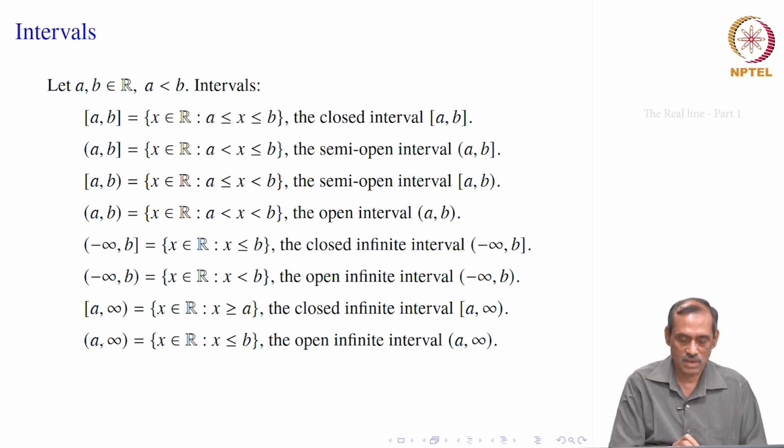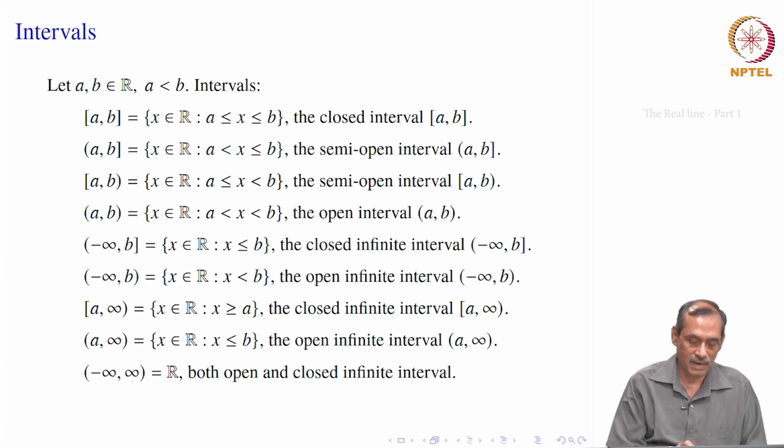So, that will include all the numbers which are greater than a. I wrote something wrong here, this should be greater than a. It looks something like this. If a is a real number, then all the numbers here are inside this interval. A itself is not. So, this is the set of all real numbers which are greater than a.